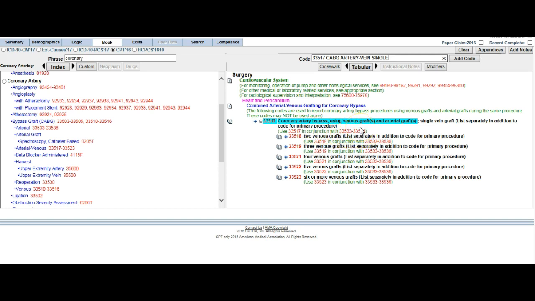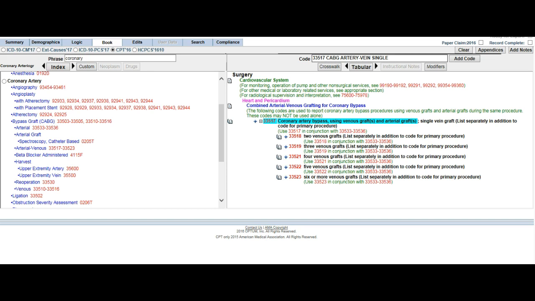So we had the provider do a mammary bypass or a bypass of the mammary artery to 1/3, the distal 1/3. So that's the arterial portion. And then he took the saphenous vein and he bypassed it to the other artery, which is the proximal junction.